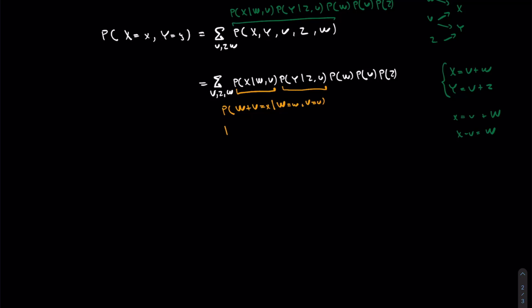W is still a random variable, equals X. I'm going to drop W, though you could drop V as well. We're going to drop W because it's easier to think about.